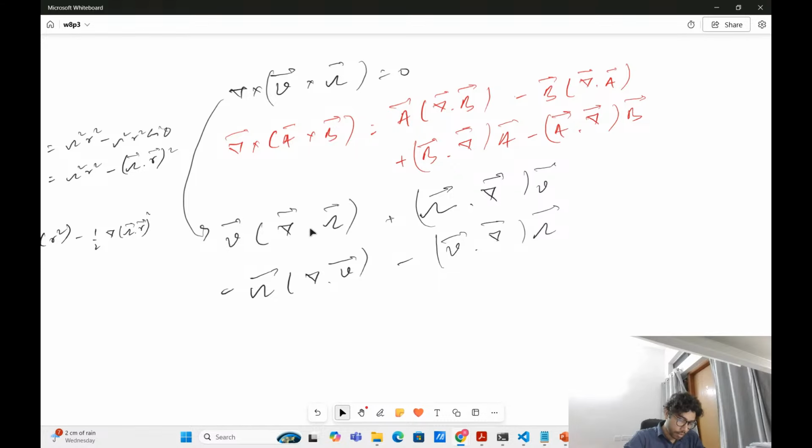Now we're going to see that most of the terms will vanish. For example, this will vanish because the fluid is incompressible, which is just an assumption that we took. This will vanish because omega is constant, so del dot omega would be 0. Similarly, this will also vanish because omega is constant.